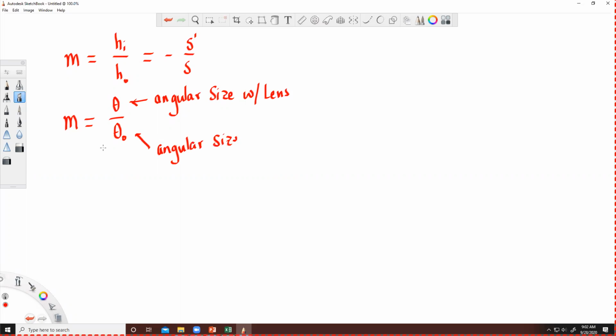It's basically the ratio of two sizes. In this case, we take the ratio of angular sizes instead of the linear sizes. Let's see what theta and theta naught are.